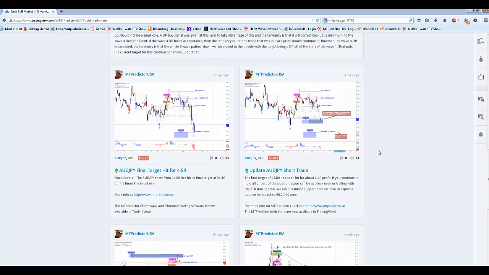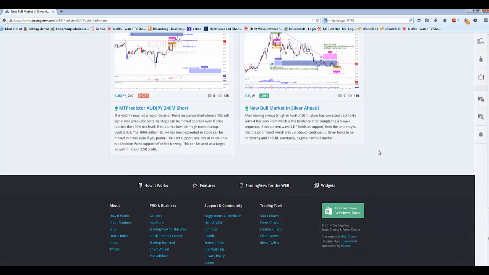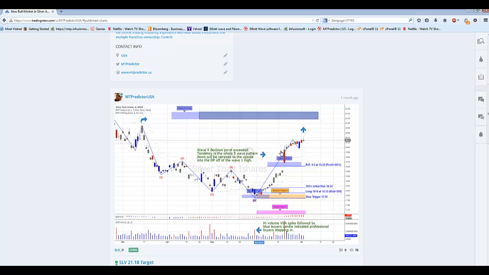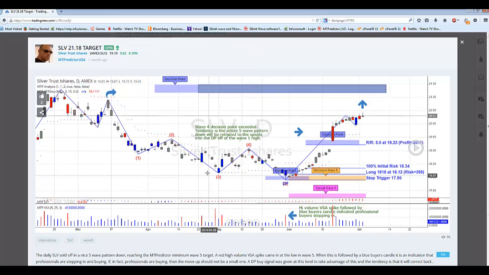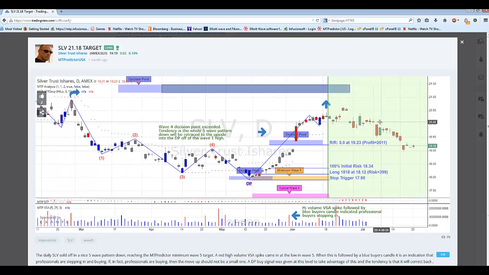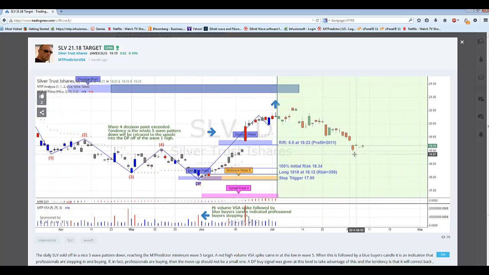Related, the SLV on the daily chart had made a nice 5-wave pattern down. It corrected back to the wave 4 DP, took that out. So the tendency is, again, that they'll erase the whole 5-wave pattern down. Now we can see the sell-off here that is taking place subsequent.